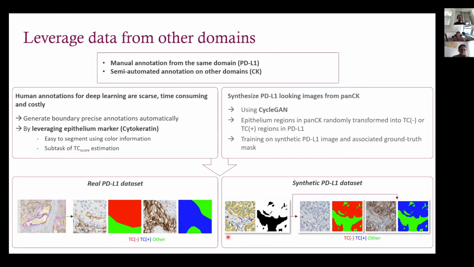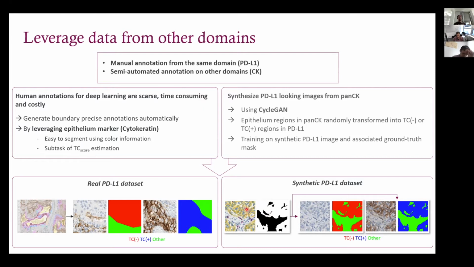So what we do is basically synthesize a cytokeratin image, which you see in yellow, into two images, one which is unstained for PDL1 and one which is stained for PDL1. This synthesis is done by a GAN, I will come to that. So basically a deep learning network which synthesizes these.